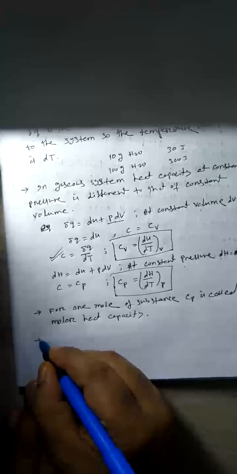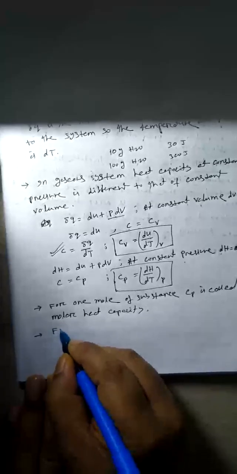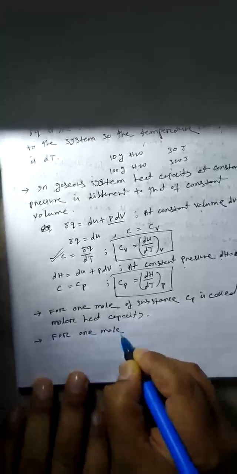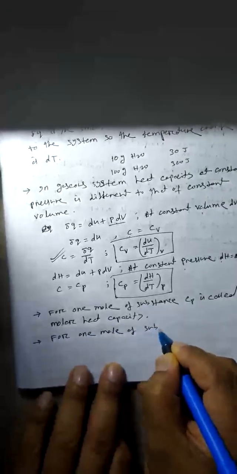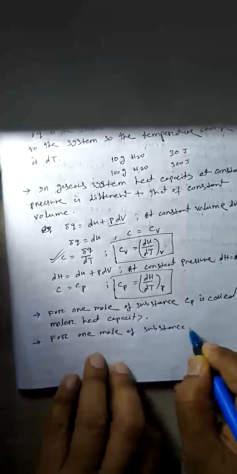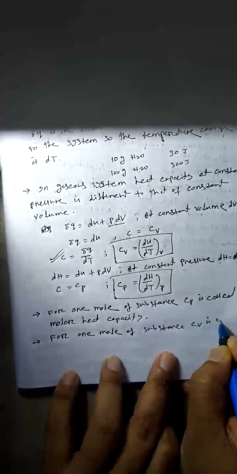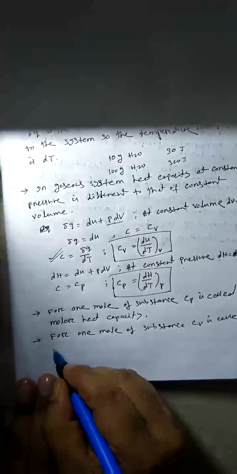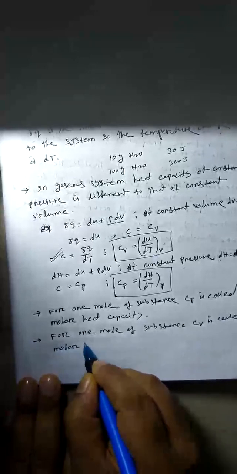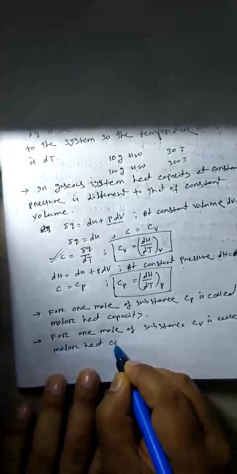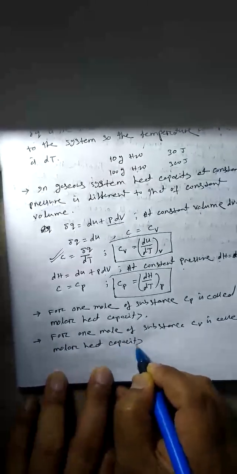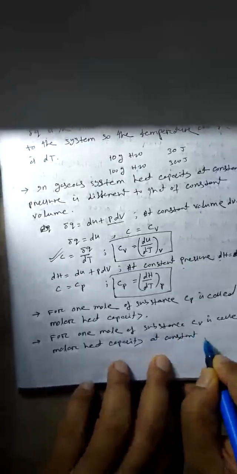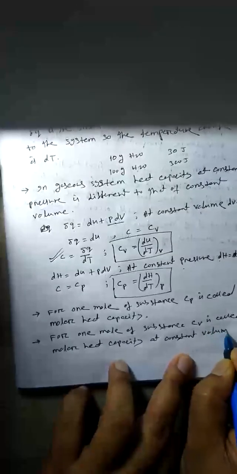Similarly, for 1 mole of substance, Cv is called molar heat capacity at constant volume.